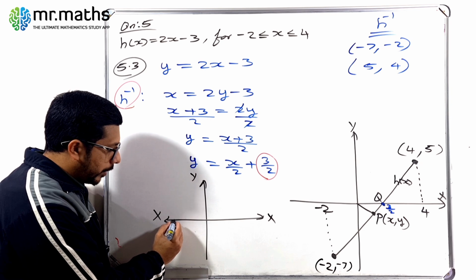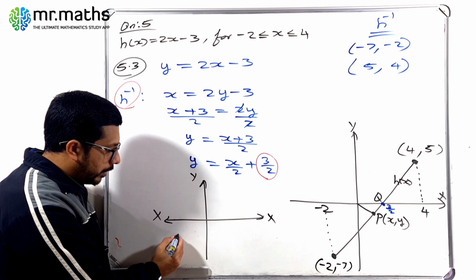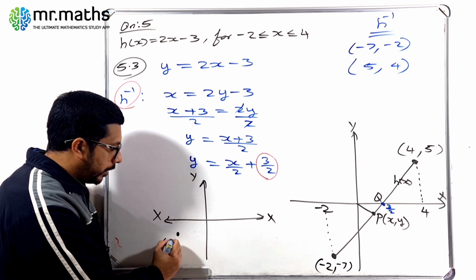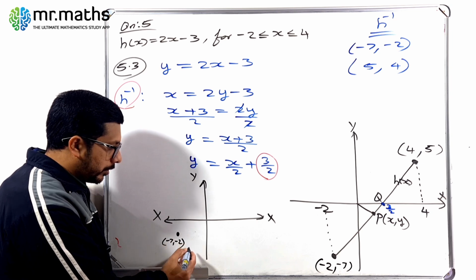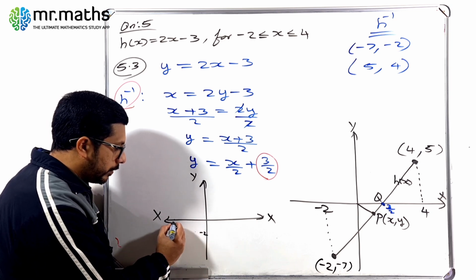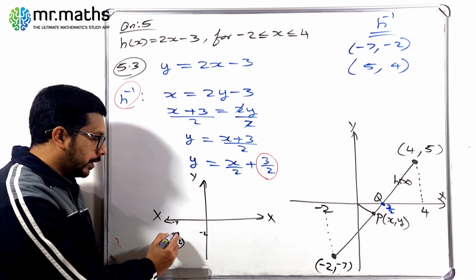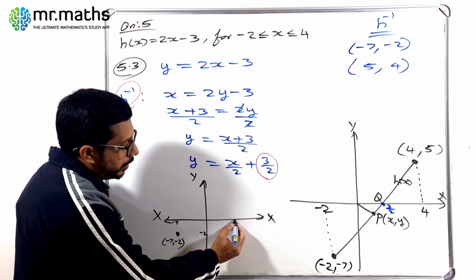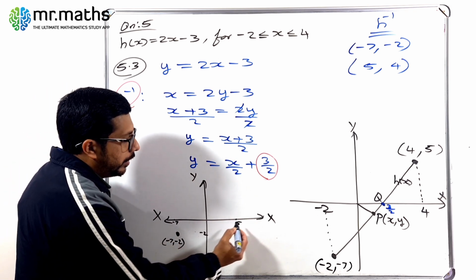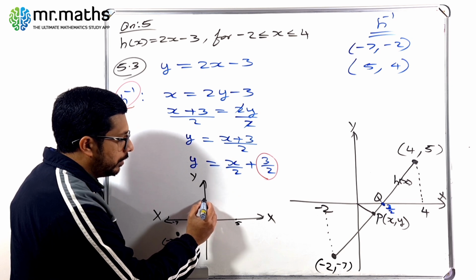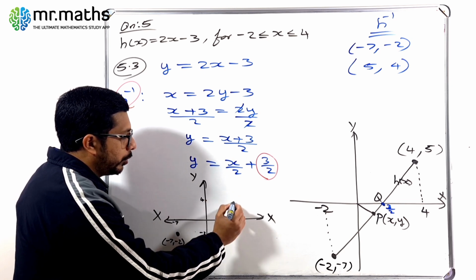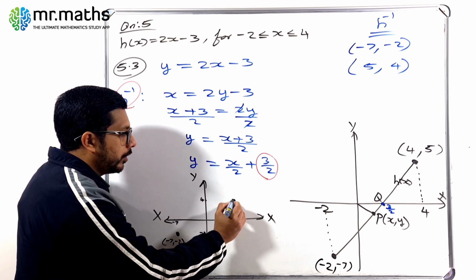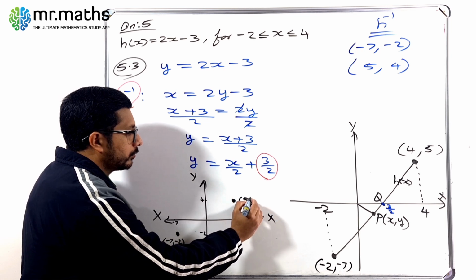Okay, assume that this is -7, so -2 somewhere here. This is -7 comma -2. This is -2 and this one is -7. So this is the point. Now 5 comma 4. Okay, assume that this is x 5 and this is y 4. So the point is somewhere here, that is 5 comma 4.